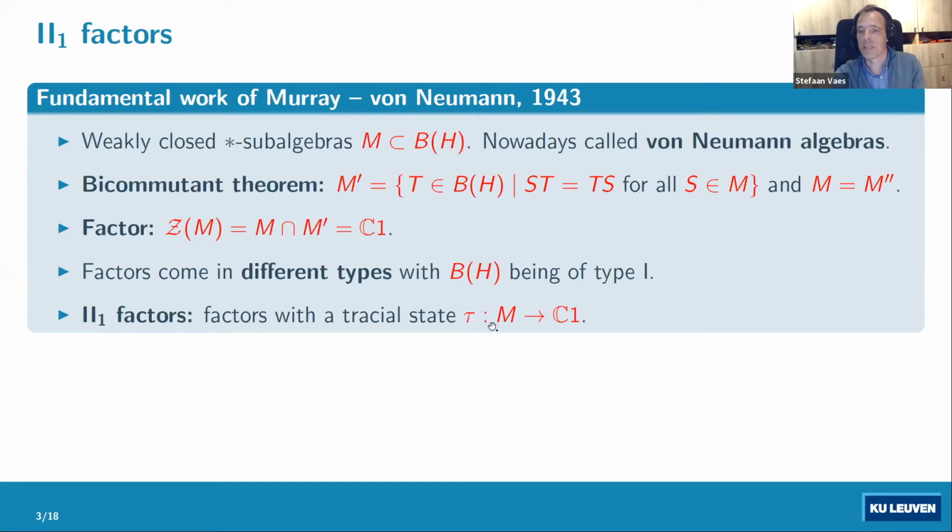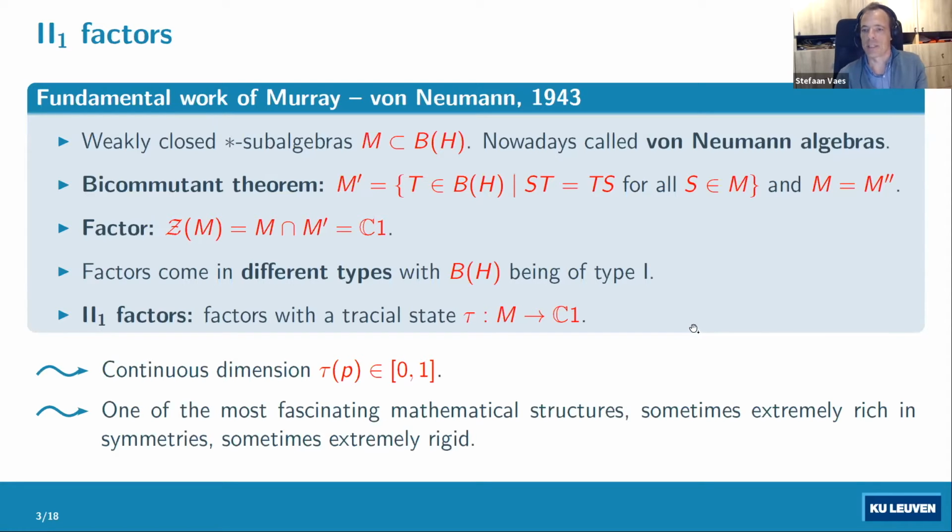And these are really the basic von Neumann algebras to study, because in a way that I cannot explain you today, any von Neumann algebra is in a way built up of the obvious type 1 and then the much more fundamental type 2-1 factors. There is, thanks to this tracial state, a kind of continuous dimension, because of course, the trace on B of H we are familiar with, and the trace of a projection gives you exactly the dimension of the range.